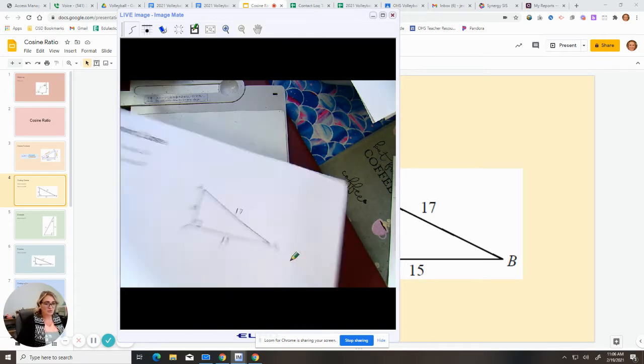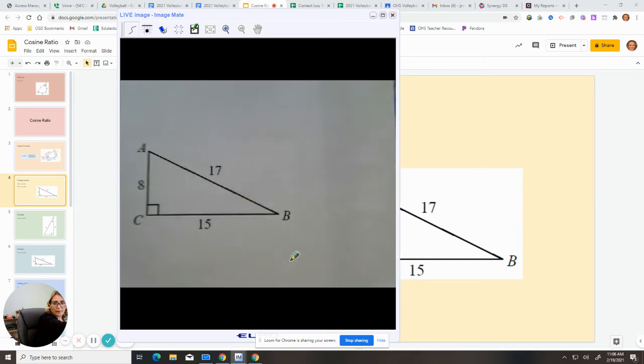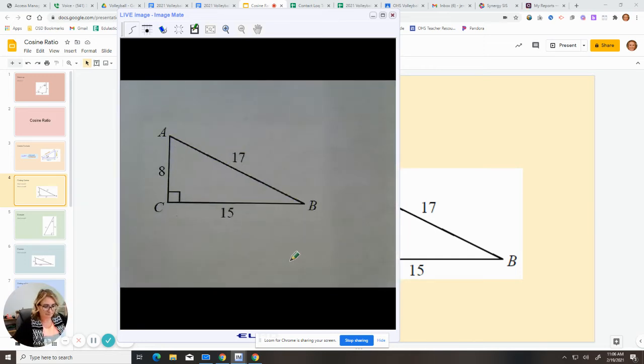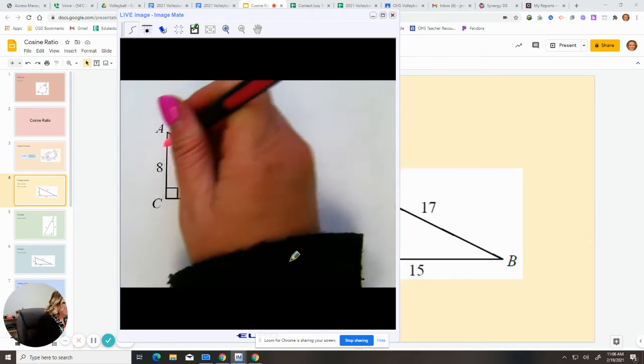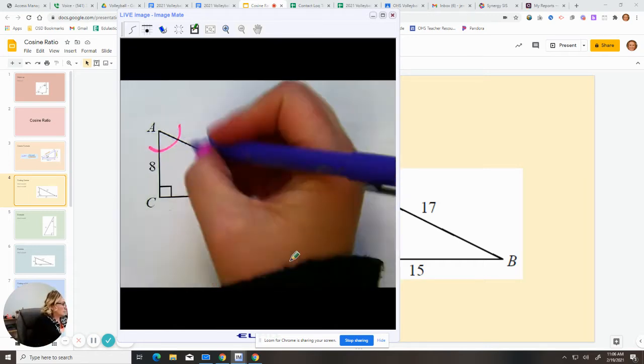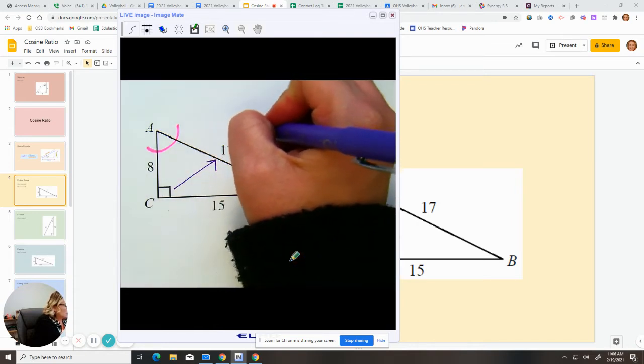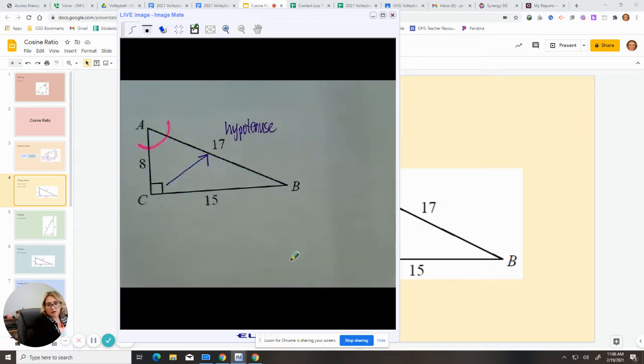Okay, so we are going to start by just looking at angle A. If we look here at angle A, we have to identify the adjacent side and the hypotenuse. The easiest one to identify is always the hypotenuse, right? We always know the hypotenuse is directly across from that 90-degree angle.